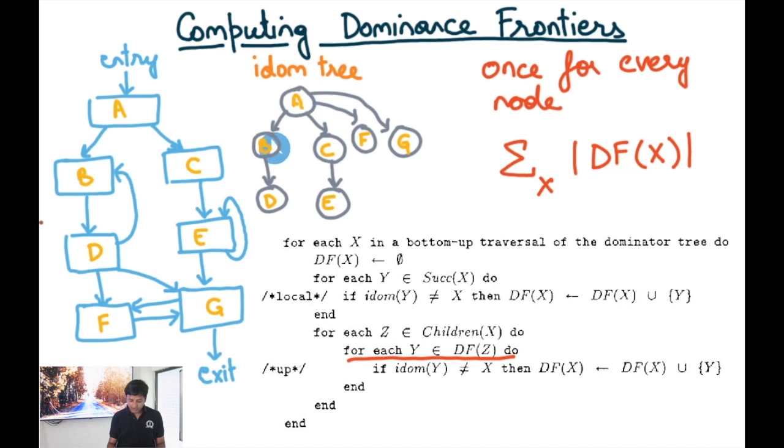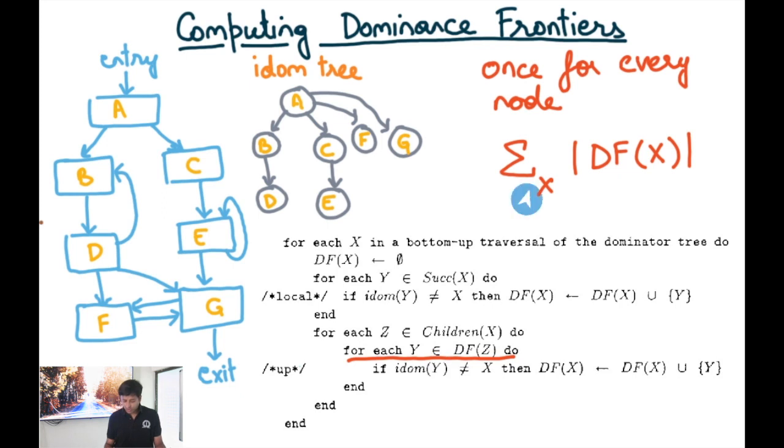And this statement here is executed for all the children of every node X. But recall that because this is a tree, if I sum up all the children, that's just the number of nodes in the graph. And for each child, I iterate over all the dominance frontiers of that child. So the amount of work that I do for a node X is basically the size of the dominance frontier of X, because that's the number of times this inner loop is going to iterate.